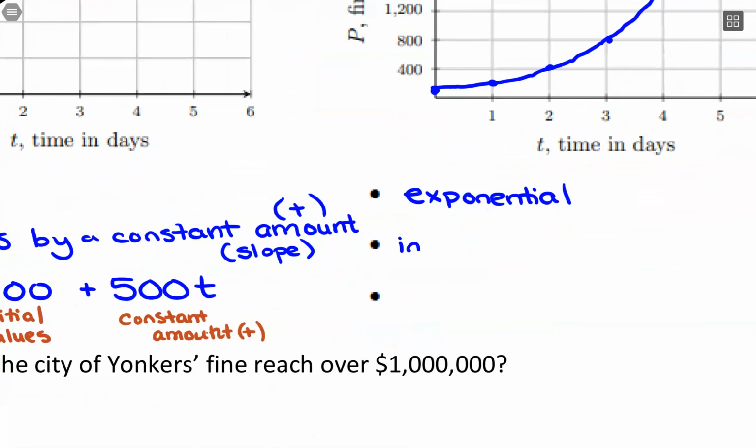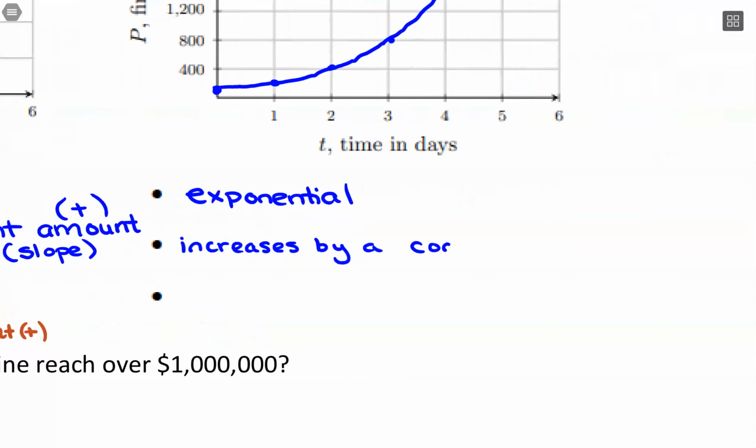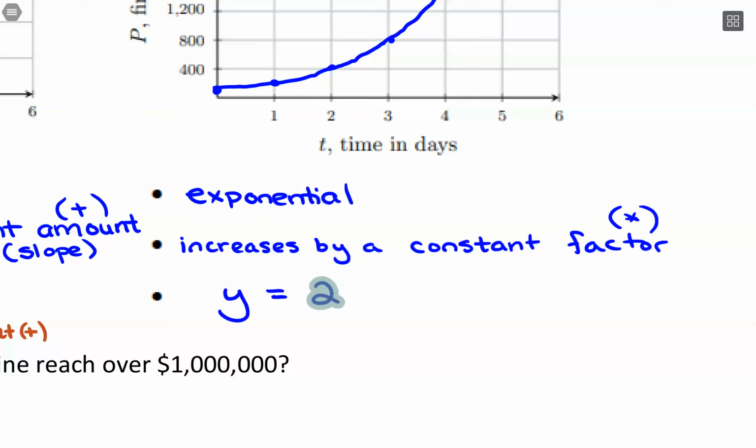So this increases by a constant factor, which comes through with multiplication. So when we have this y equals 100 times 2 to the power of t, that 100 is our initial value, so it's where our graph is starting.